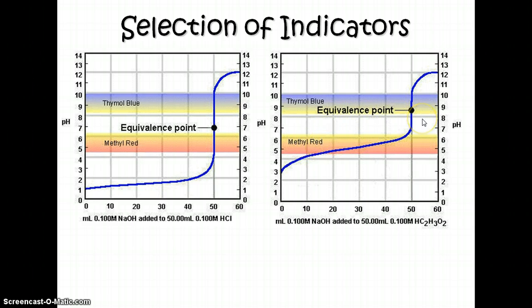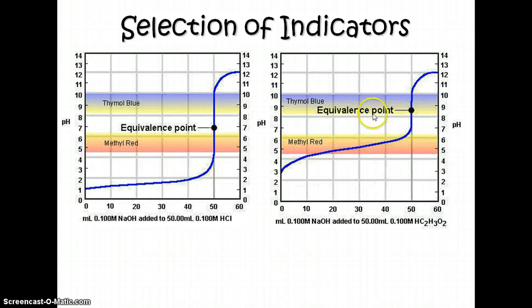Now over here, you see that this one actually is not as good because methyl red would change color before you actually reached equivalence, and then thymol blue would change actually a little bit after.